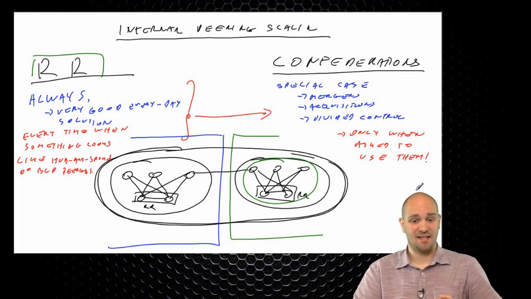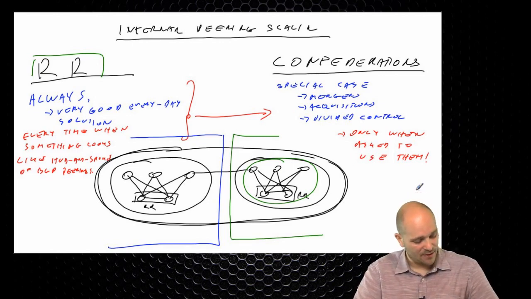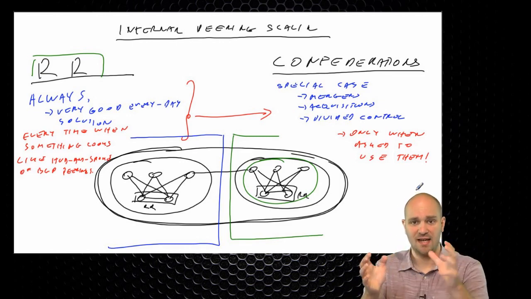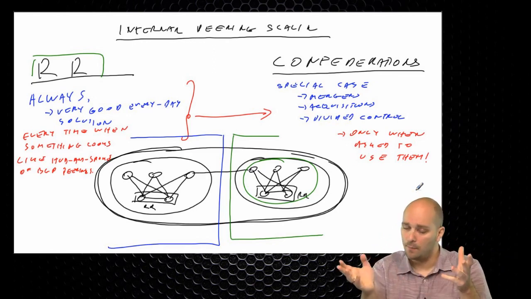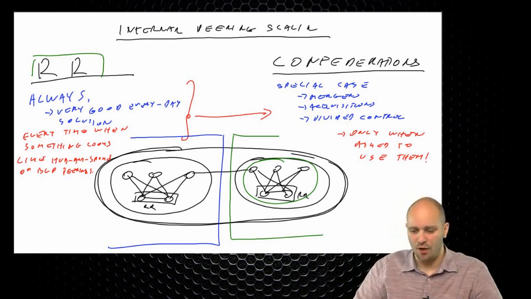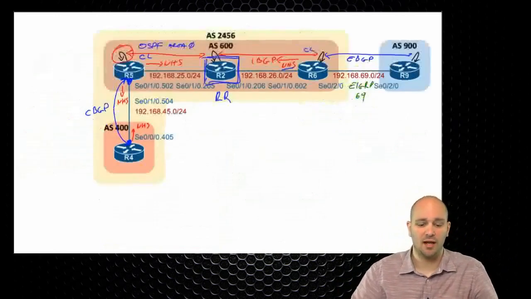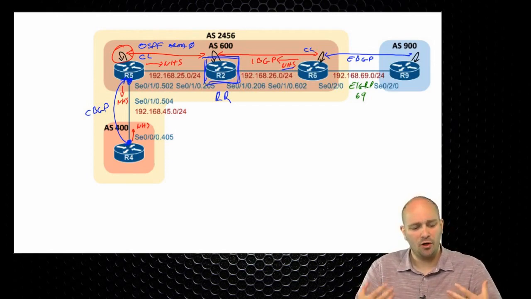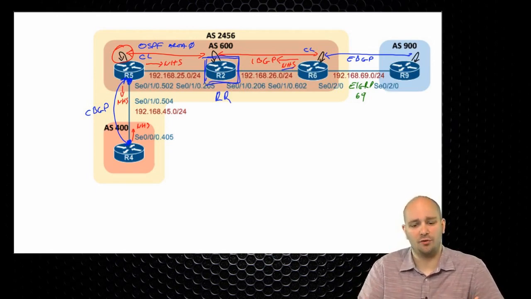Now, they might ask that explicitly, and that task may sound something like: configure these routers to be in this AS, these routers in this AS, and then put them in a confederation X. That's a very explicit requirement. Or they might say something along the lines, using our example here, of: configure routers R2, R5, and R6 in Autonomous System 600, configure R4 in AS400, and make sure that routers 4, 5, 2, and 6 appear to all other routers as AS2456.